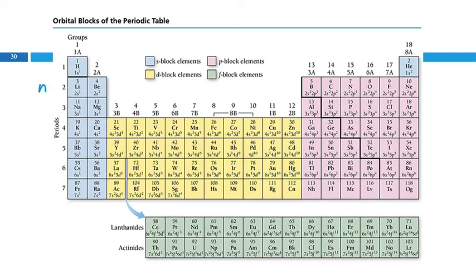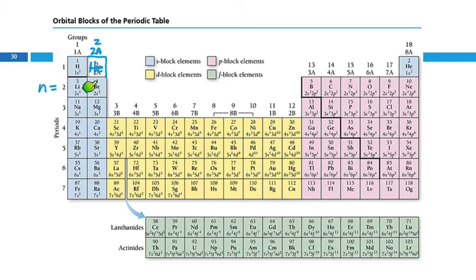So this is n equals 2, n equals 3, 4, 5, etc. In a way, helium should be over there, right? And he isn't because he's a little guy and he's so cute, we let him break the rules and hang out over here because he actually behaves a lot like these guys.